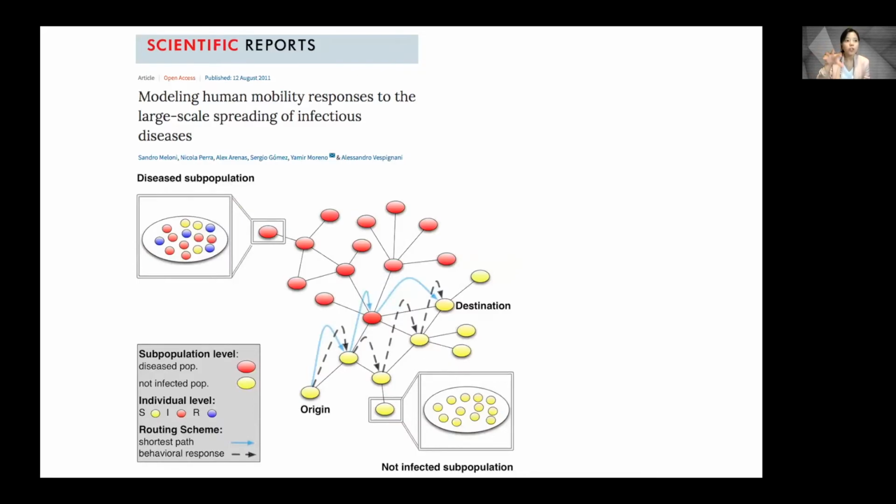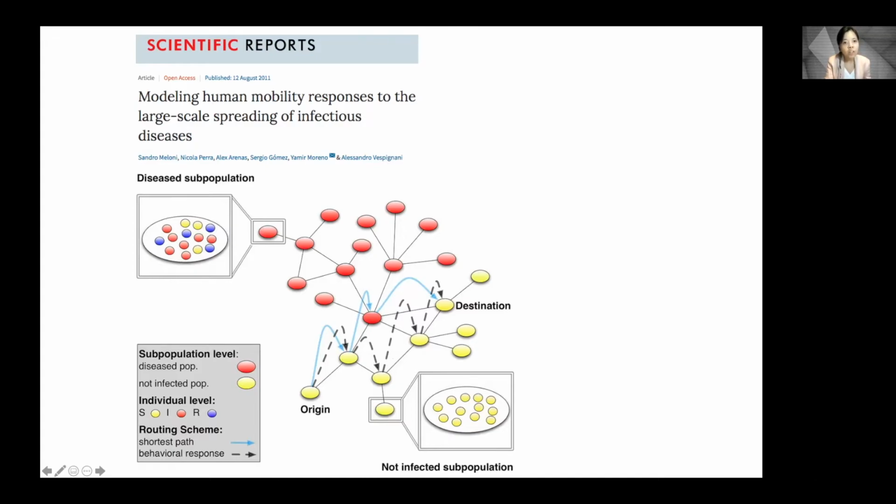By knowing the structure of the network and representing them in terms of subpopulation. For example, this is your point of origin and you want to visit this destination. If we are going to consider using the shortest path, what is the shortest or fastest way to arrive at this destination? You might end up using the blue curve.